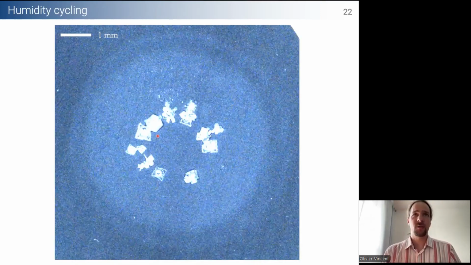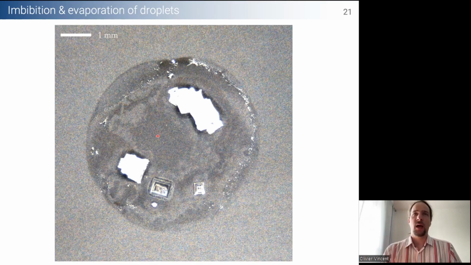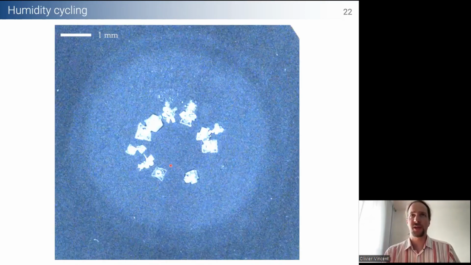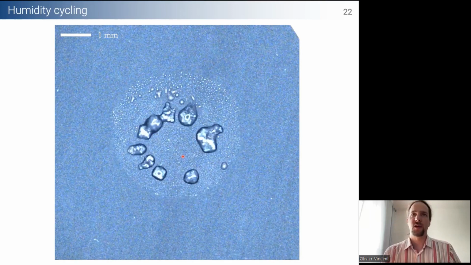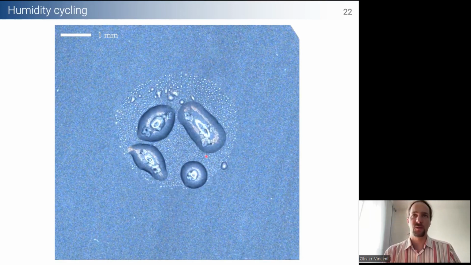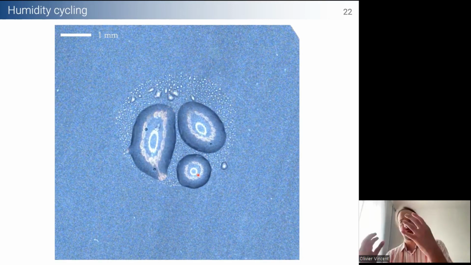And the last thing I wanted to show you is, once we have this salt deposit on top of the nanoporous layers, we also look at what effect humidity cycles have on these systems. And for example, here we start from these deposits and we increase the humidity and then we lower it again. And you see that there are lots of things appearing. There's this spontaneous deliquescence of the salt on the outside.